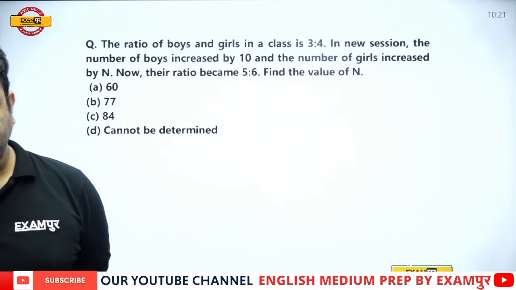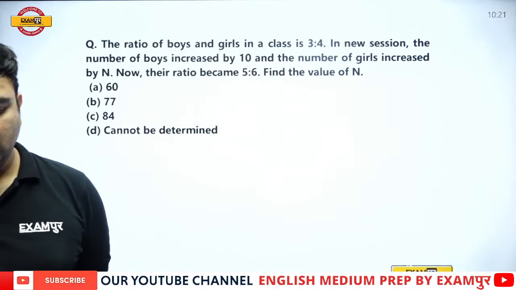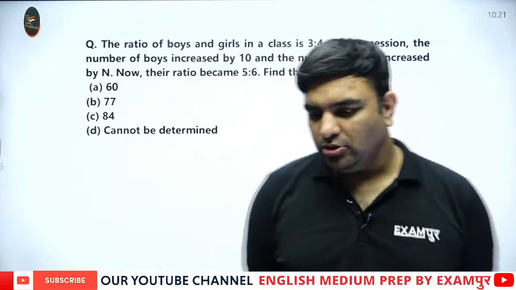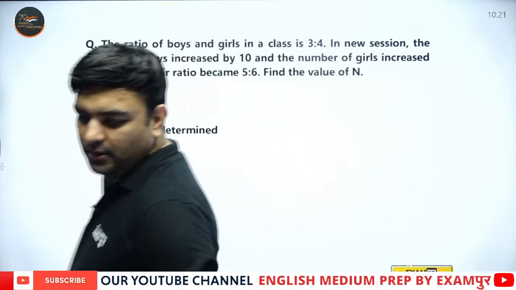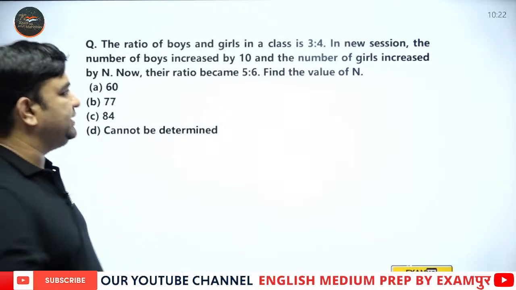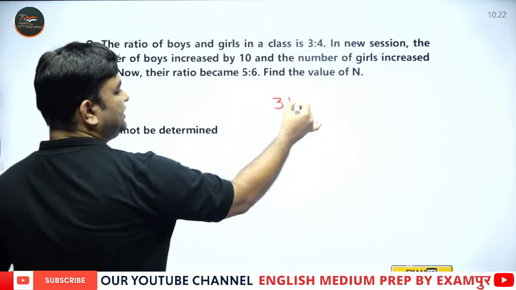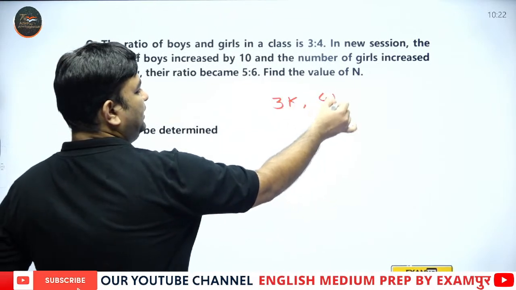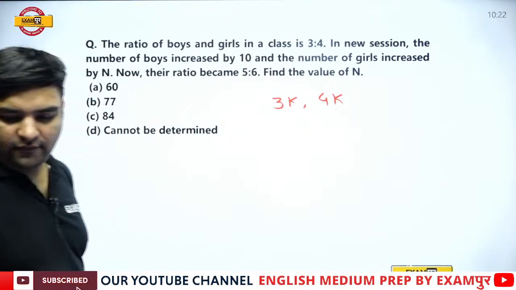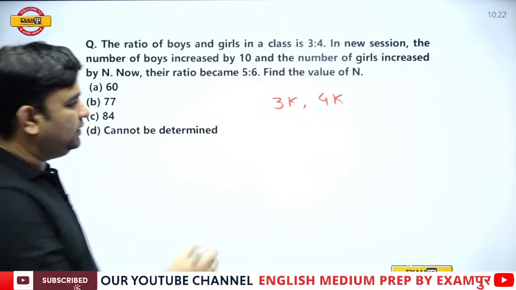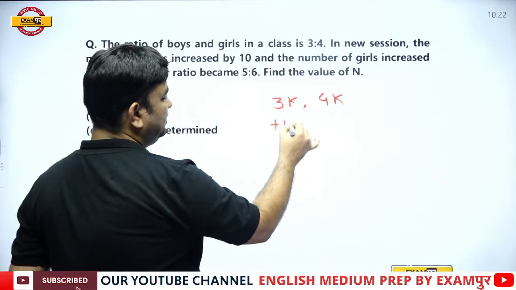Is the question good? My first impression is, let the boys and girls be 3k and 4k. Boys increase by 10, so 3k plus 10.